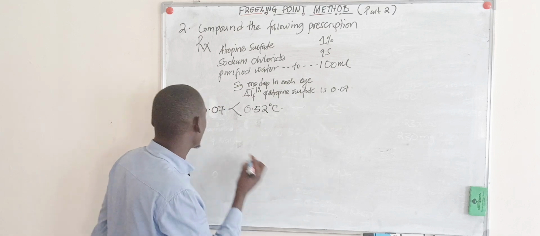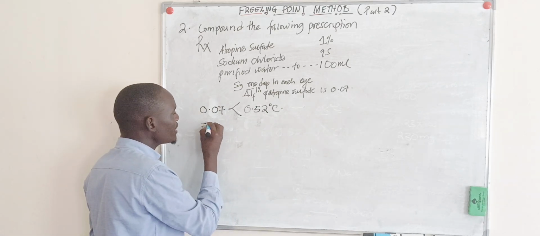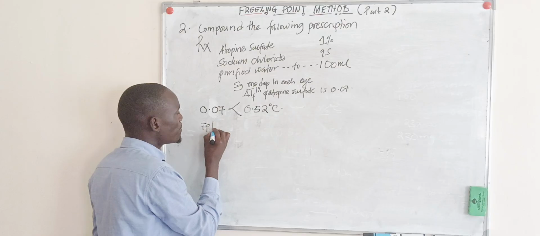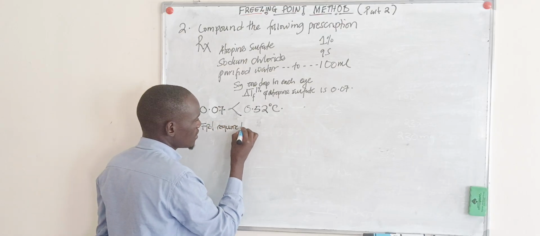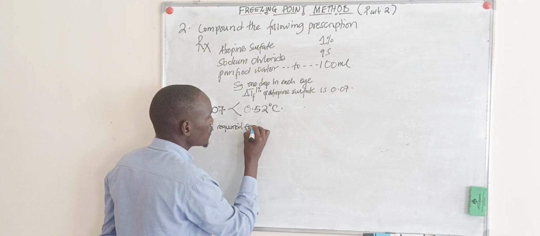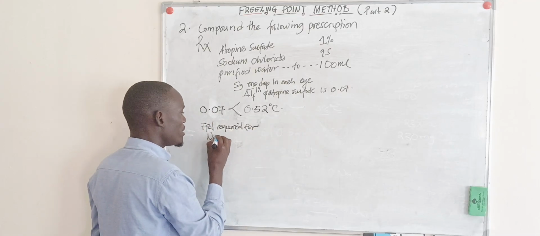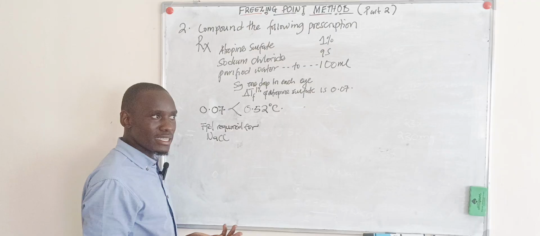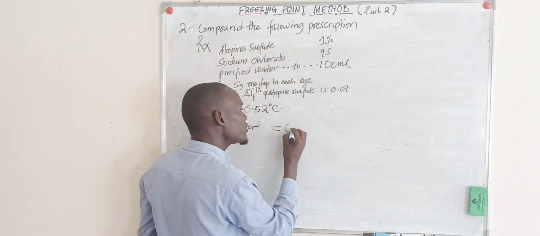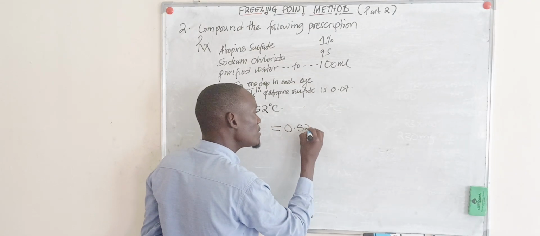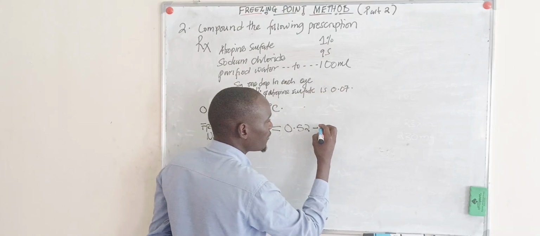So that means we are going to get the freezing point depression required for sodium chloride, which is now our isotonic modifier. So this will be the difference between the standard freezing point depression of blood minus that of atropine sulfate.